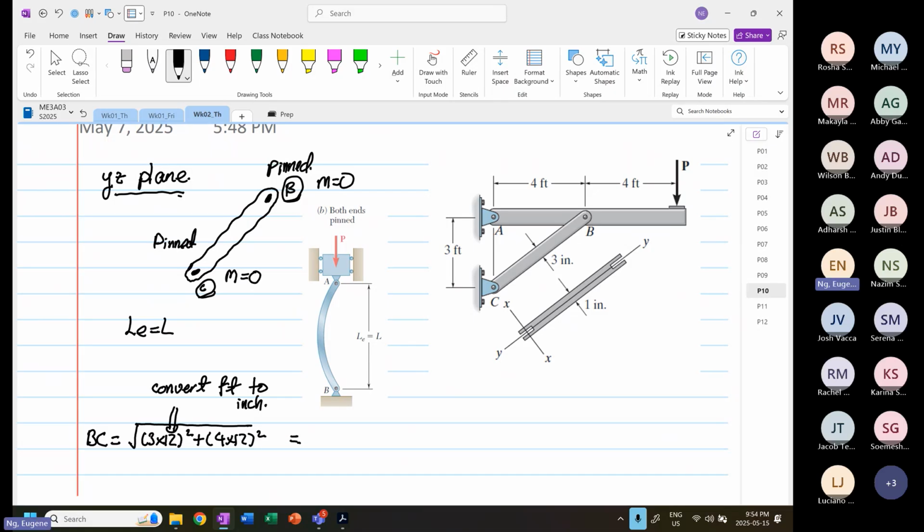Why do we have to convert to inches? Because our Young's modulus is in pounds per square inch. So the square root of 3 times 12 squared plus 4 times 12 squared is equal to 60 inches.